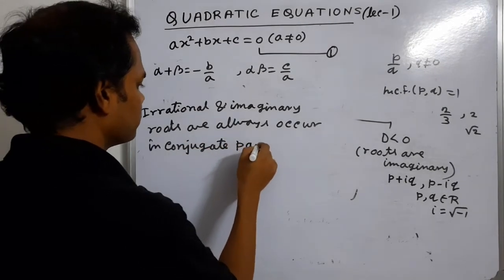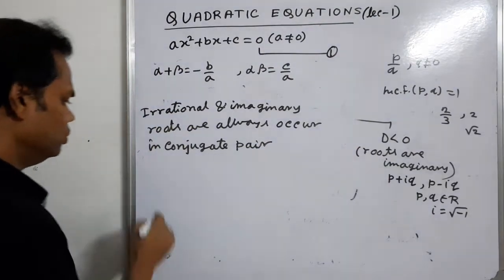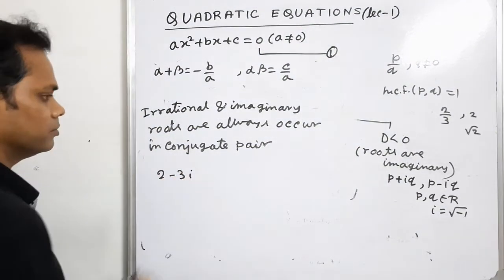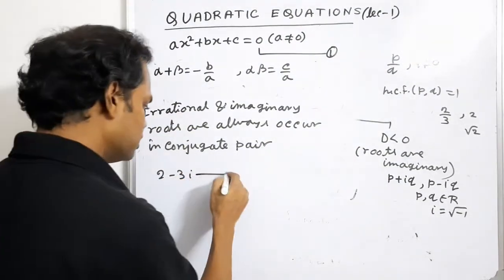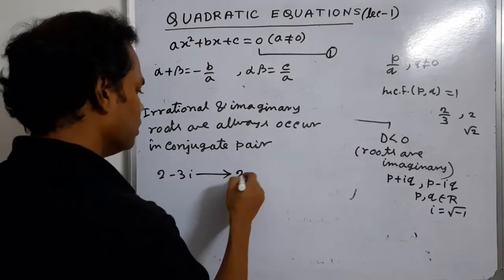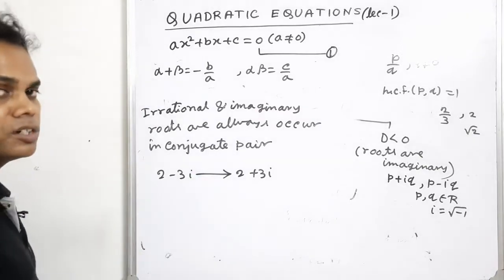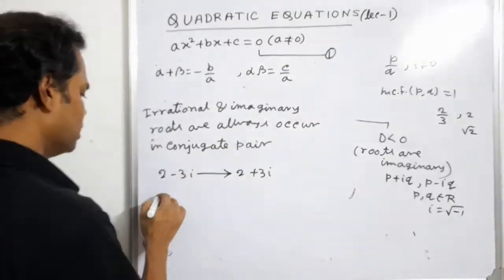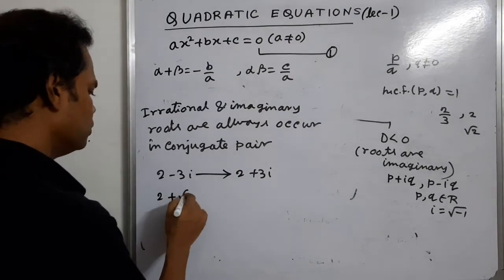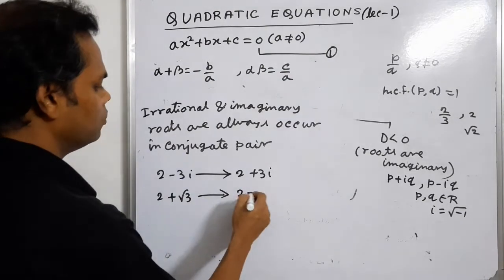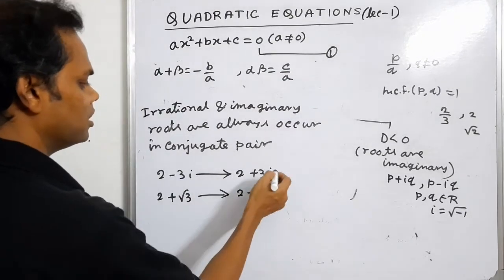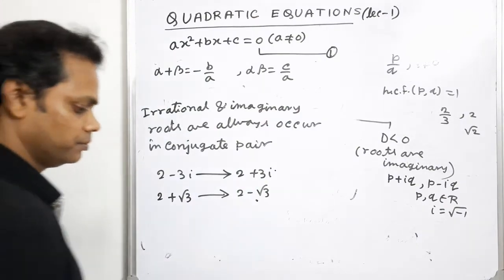It means if there is a root 2 minus 3i of an equation, then there should be another root 2 plus 3i. A single such root is not possible for an equation. Similarly, if there is a root 2 plus root 3, then there should be another root 2 minus root 3. This is irrational and this is imaginary.